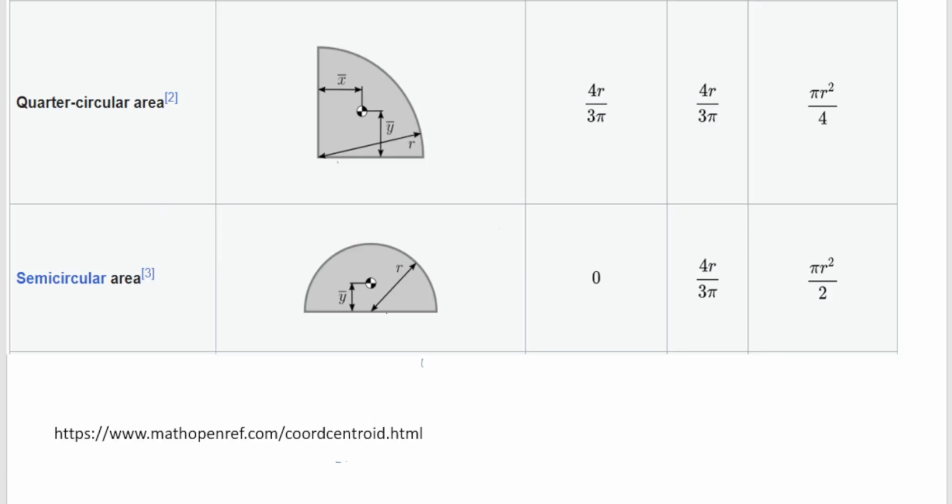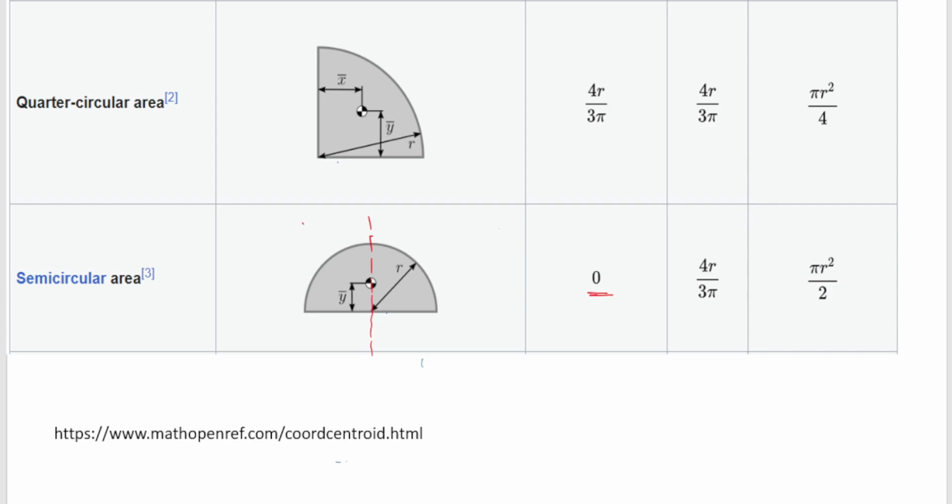Then the next common geometry we'll encounter is a quarter circle and a semicircle. But let's talk about semicircle first. Here in this semicircle, we can see that I have an axis of symmetry in x direction. Meaning if I fold the right hand side, it will completely coincide with the left hand side. So if you are assuming the reference axis passing through the centroid, then this distance will be 0.